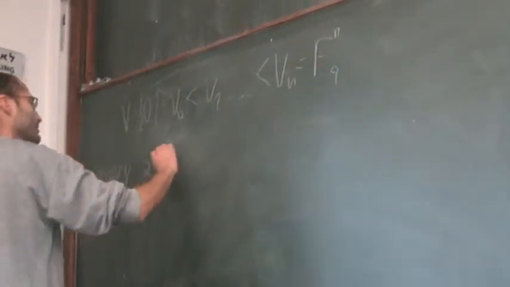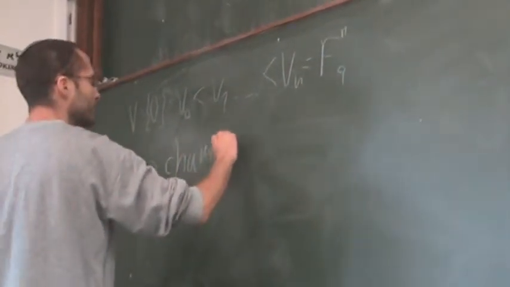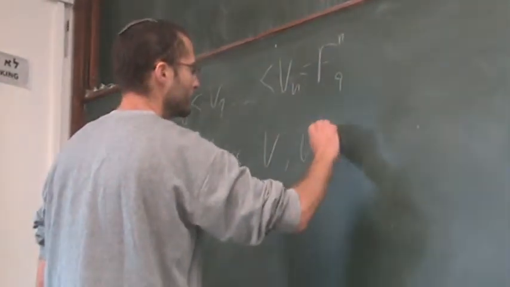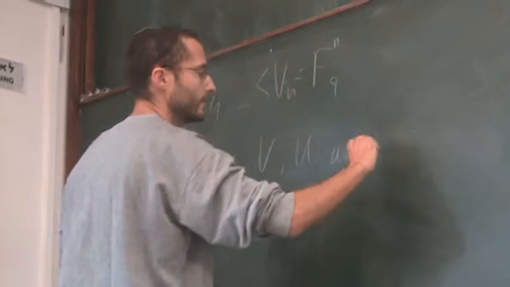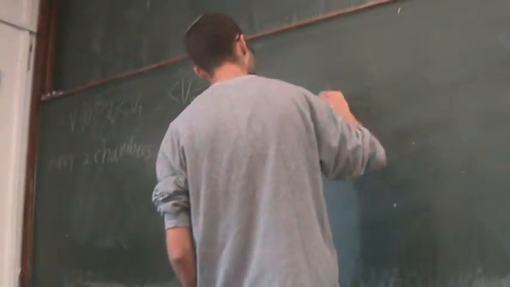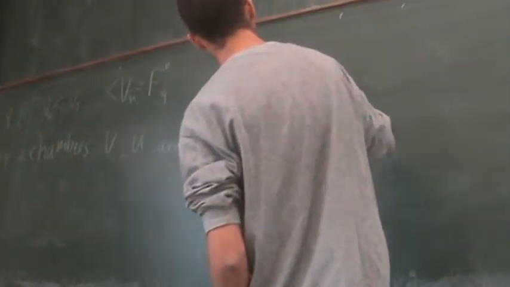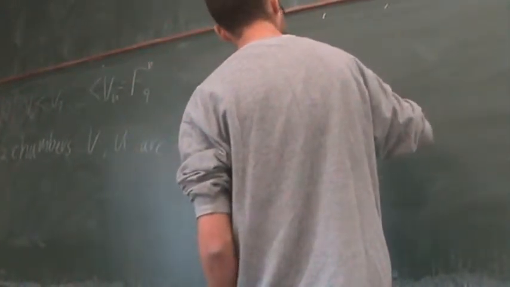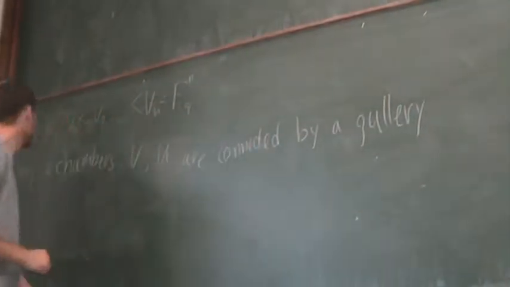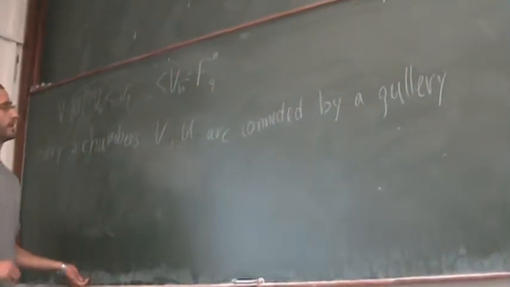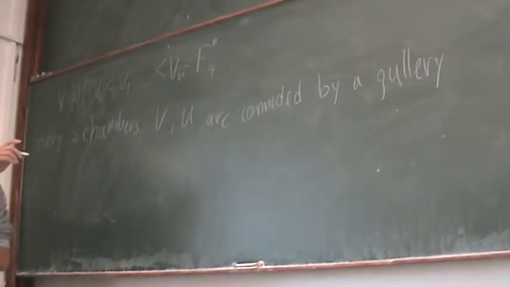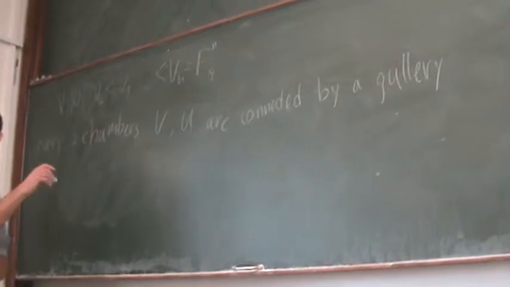Chambers, every two chambers, V and U are connected by a gallery. And so, you said what a gallery was, or you remember what a gallery is? Okay.